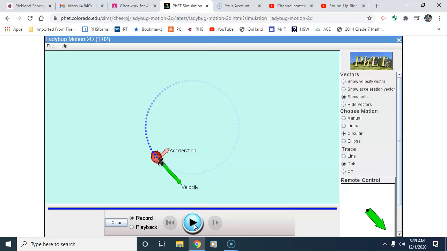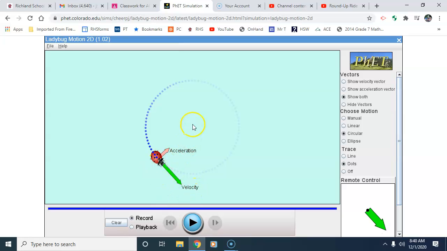Or in other words, let's put it this way. Things can't magically go in a circle. We said in the past with linear motion, things can't magically speed up or slow down. What has to cause it? A force, right? Because things want to just stay steady in what they're doing, right? So this ladybug, at any given moment, really wants to just go in the direction of the velocity.